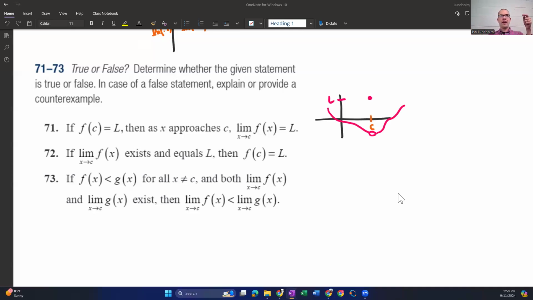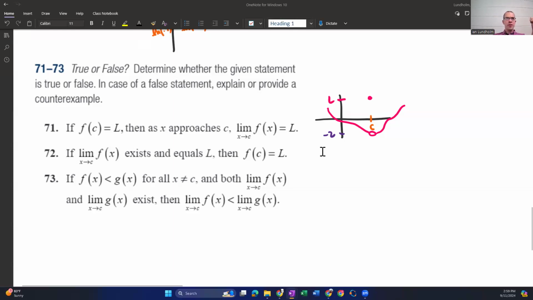And the idea here is that even though f of c equals L, the limit could be some other number that's not L. It could be -2 as a y value, whatever. So that one is false because one thing does not necessarily imply the other.